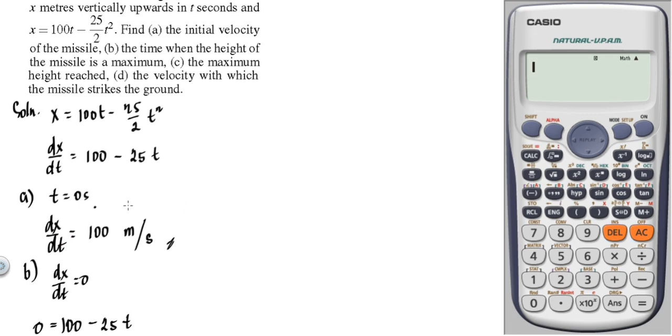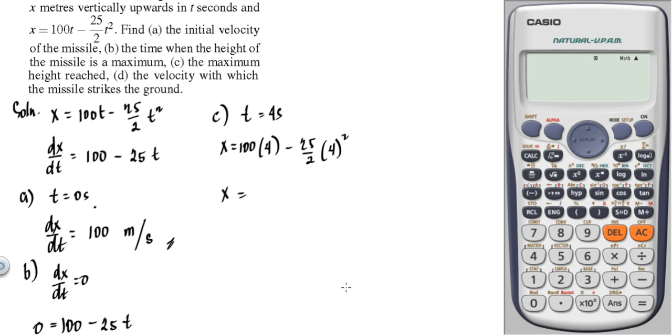Letter C. Okay, let's solve this. The maximum height reached. That means we got the time maximum, right? Time maximum, which is 4. We solved that already, 4 seconds. So x is equal to 100 times 4 minus 25 over 2 times 4 raised to 2.